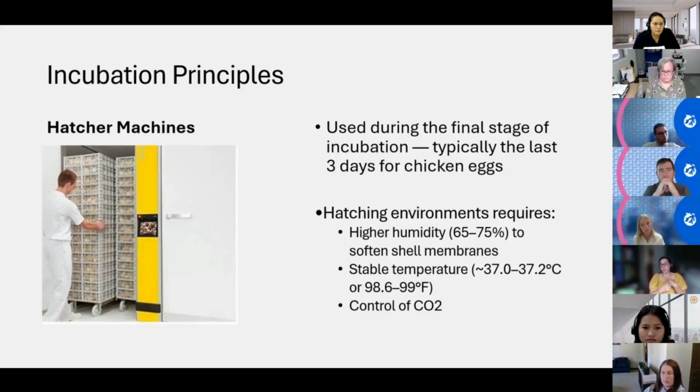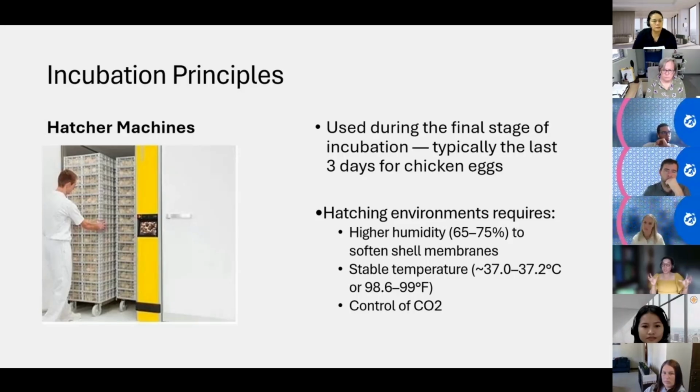Here we need to provide a higher temperature to soften the shell membrane, and we need to control the CO2, because as the chickens start hatching, they start breathing and producing CO2. So that is one of the parameters being measured very closely in the hatcher machine, and that will determine how much clean air gets inside, just to remove that CO2.